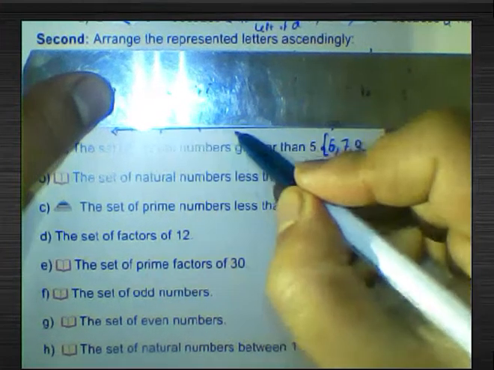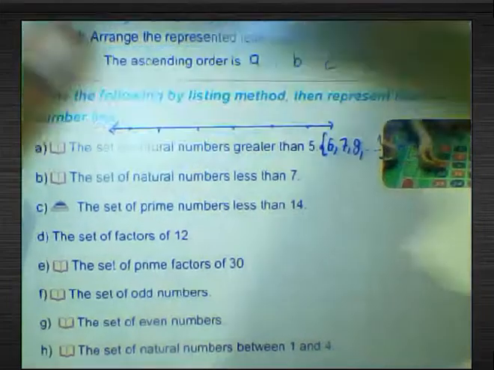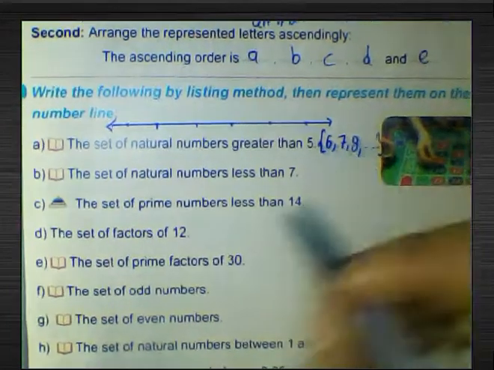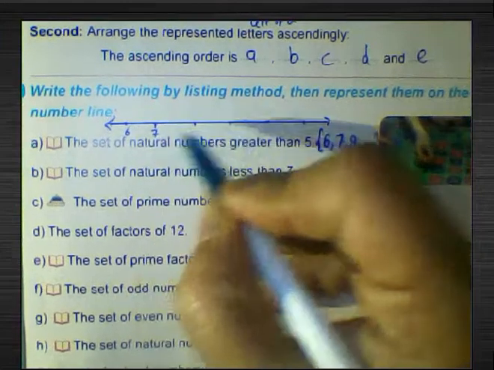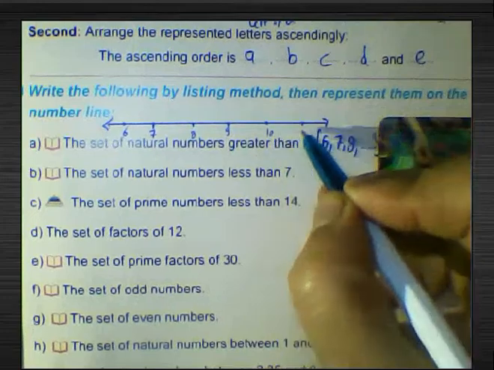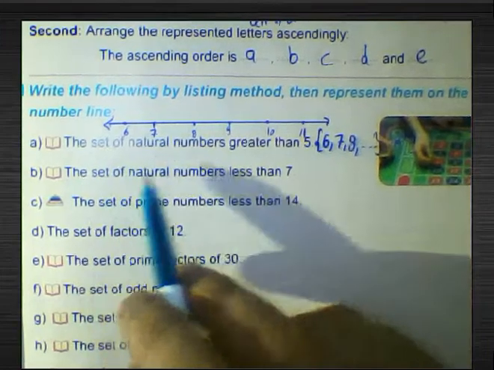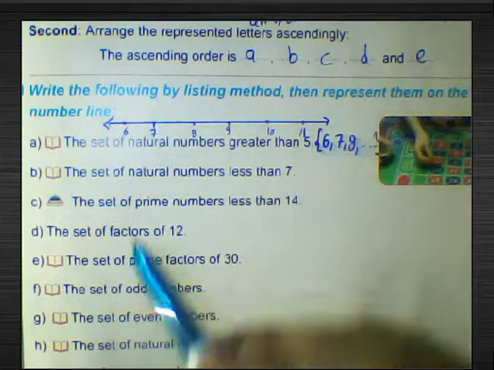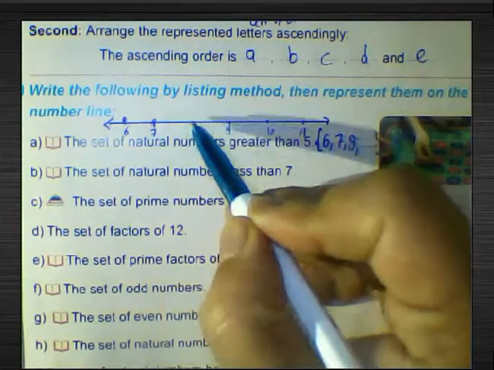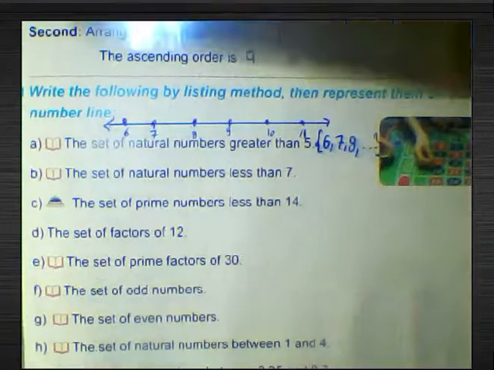I will solve it with you because we haven't drawn such an example before. 6, 7, 8, 9, 10, 11. We want to find the set of natural numbers greater than 5: 6, 7, 8, 9, 10, 11, and on to infinity.